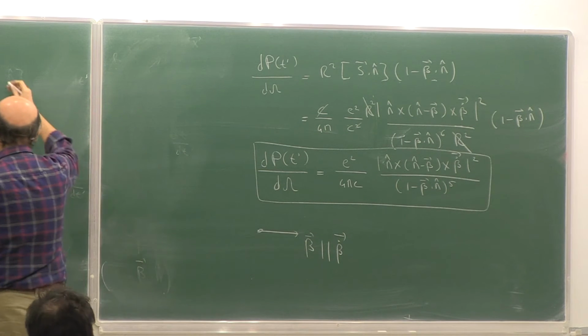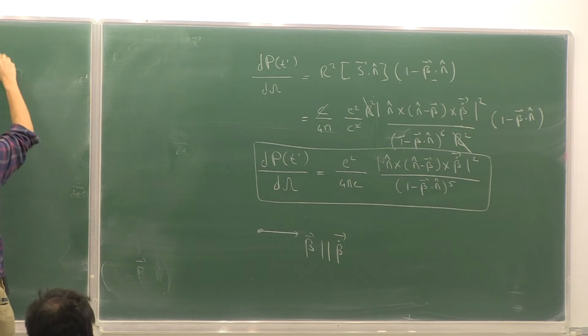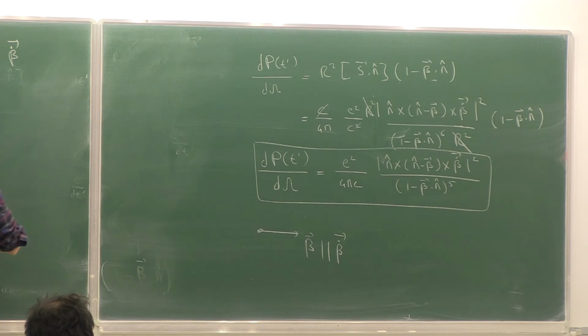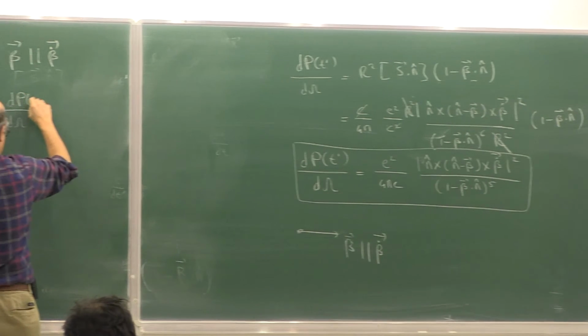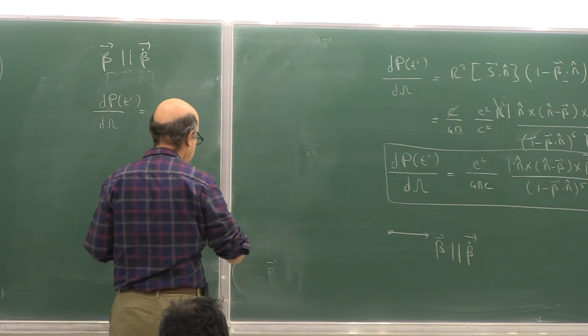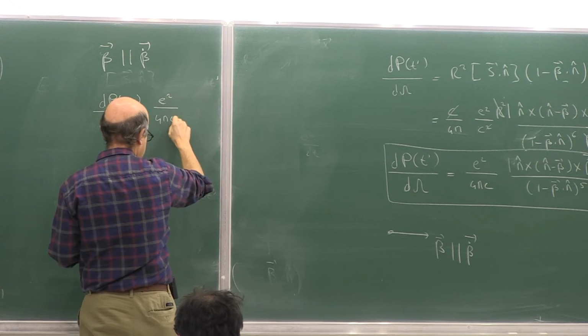So when beta is parallel to beta dot, we obtain the distribution of the radiation as a function of solid angle, e squared over 4 pi c.